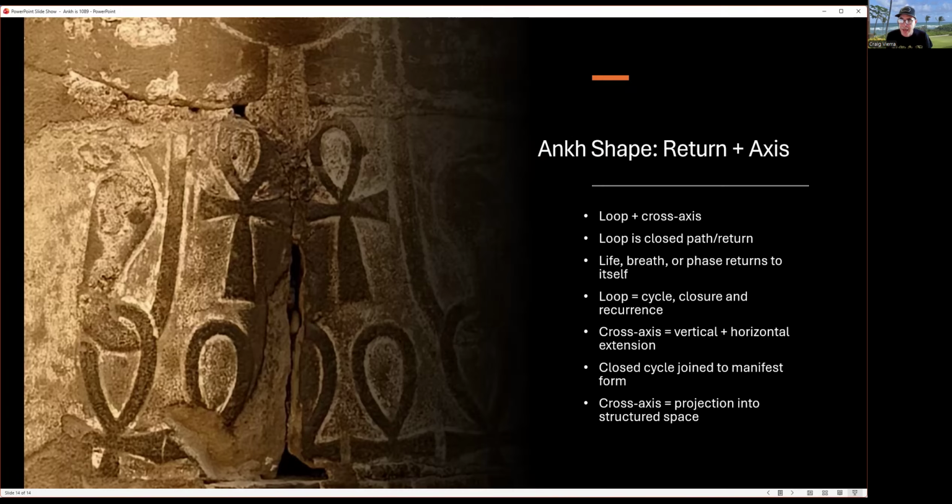So let's look at the shape of this because it looks a lot like a cross. Symbols, so powerful. Symbols are energy. And they're so powerful, corporations use them. Why?